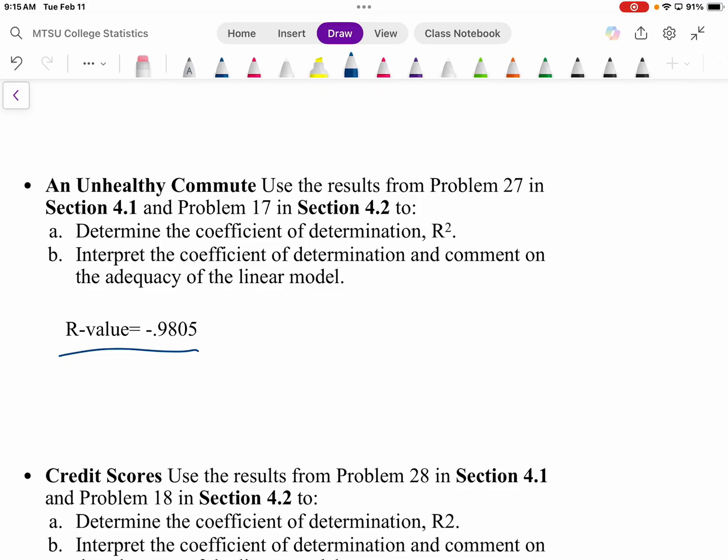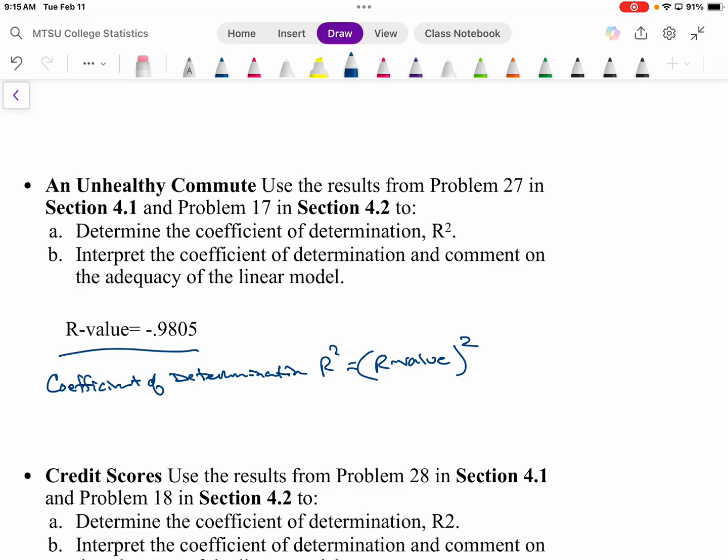So in this case, if I want to find the coefficient of determination, which is the R squared value, all I have to do is take the R value, if I have it, and square it. That's all I got to do.